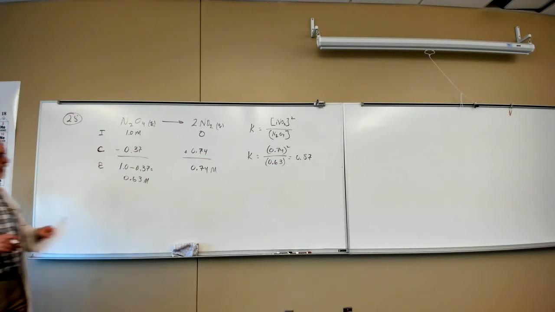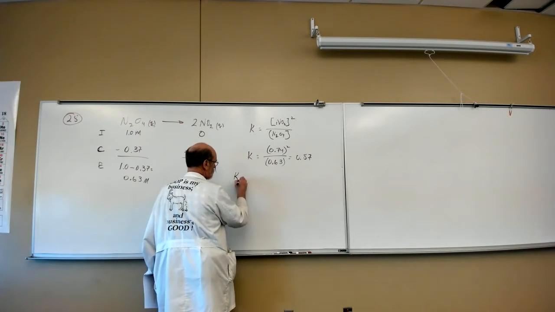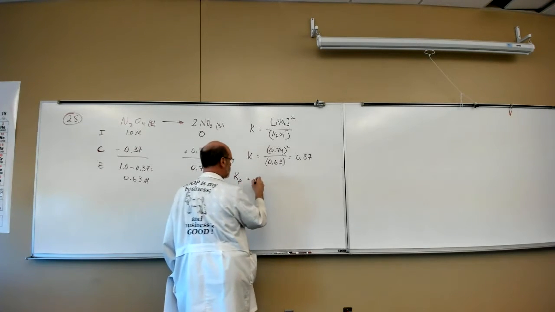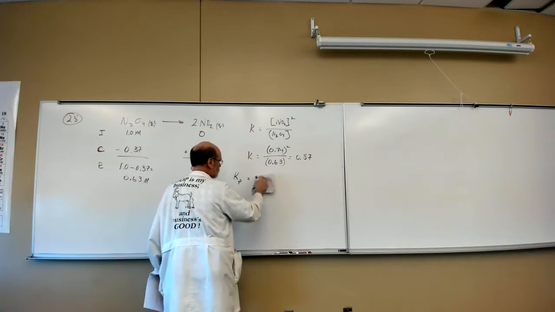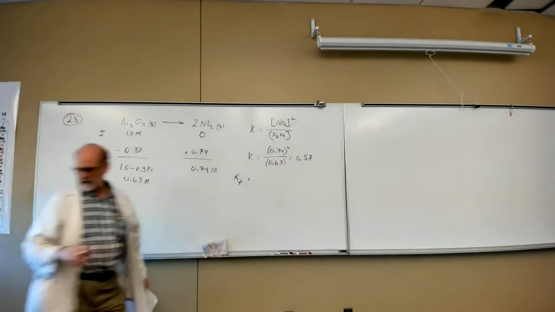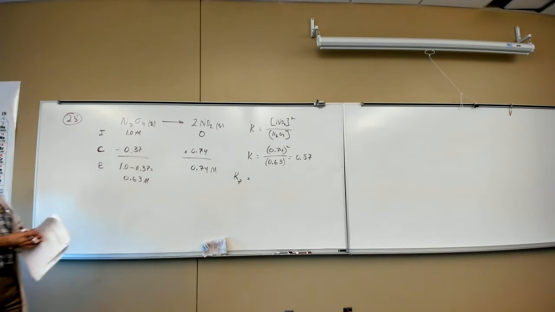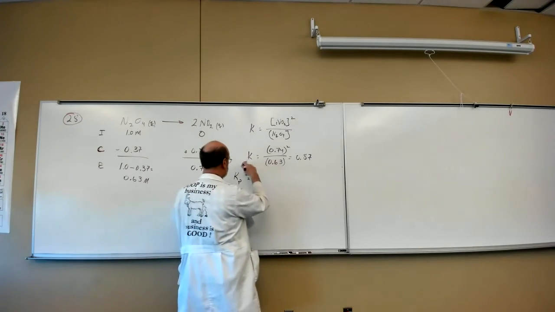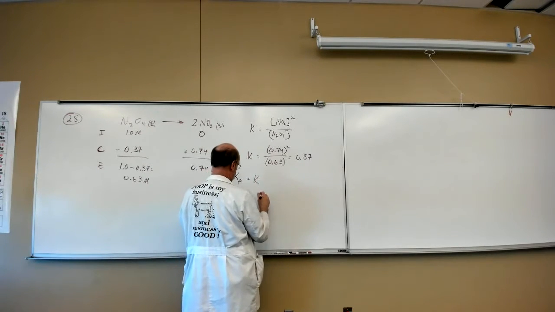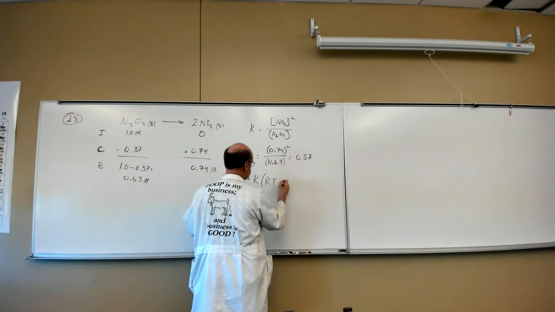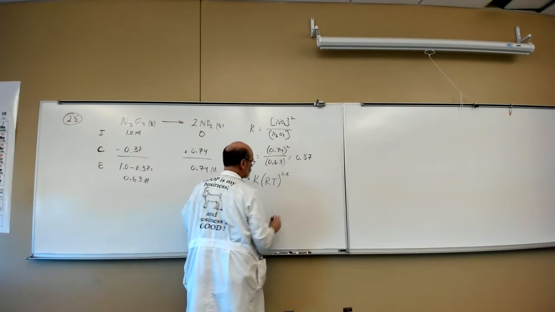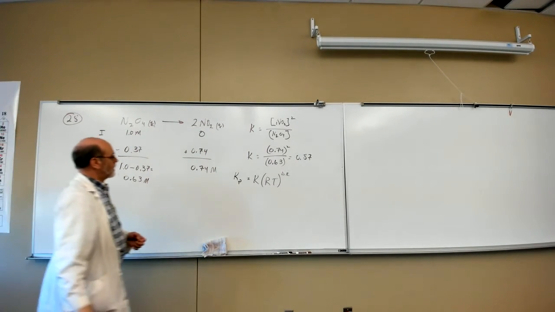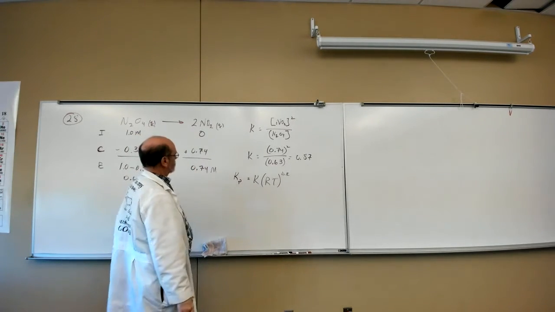And if we want to convert to the partial pressure version, then what we need is, well, let's write the equation here first. Try to go from memory. It's going to be this one, and then times RT to the change in moles. Okay, so the change in moles is, what's the difference between this one and that one?